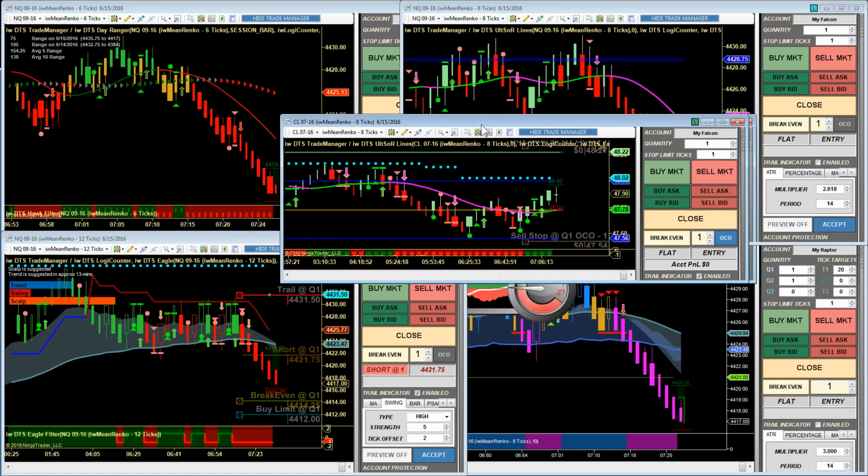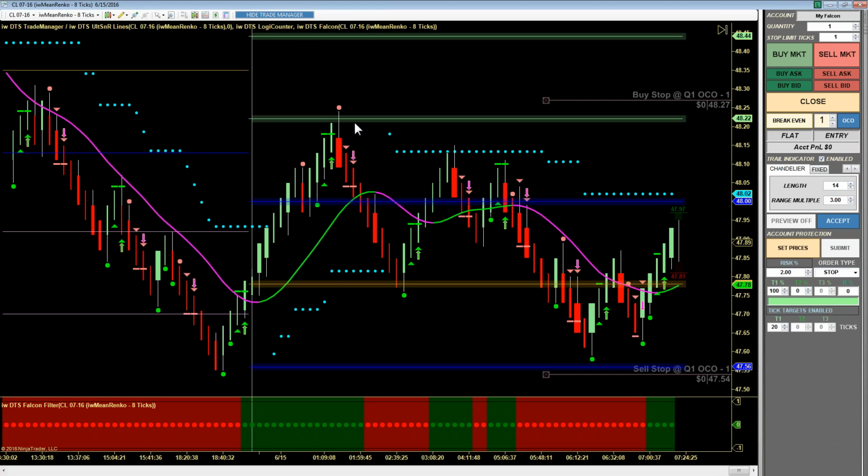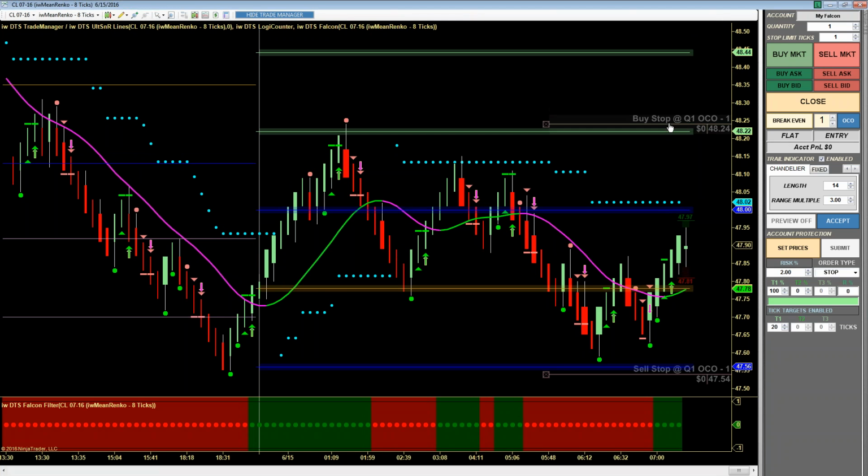In the meantime, let's get back here to crude oil, which will be releasing their inventory report any moment now. And I'm not real happy about bringing my stop in any tighter. Maybe what I'll do is I'll use this secondary resistance line to hide my stop.